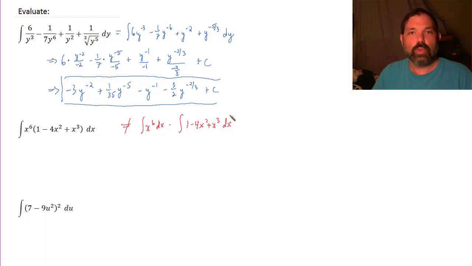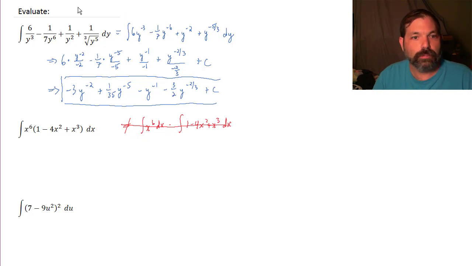It just doesn't work. Just like when we were differentiating, we couldn't just differentiate the first factor, differentiate the second factor, and multiply them. There was a special product rule. Similarly, we can't just take the product of the integrals of the factors. It just doesn't work. All right, so don't do this.